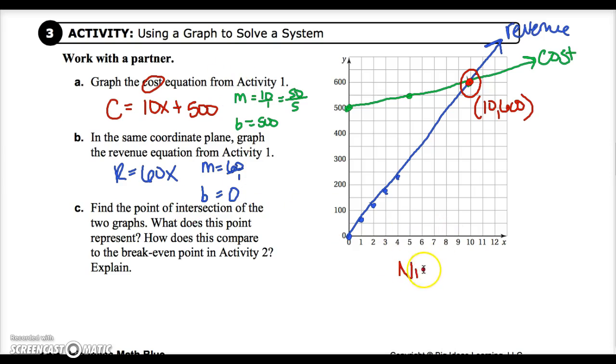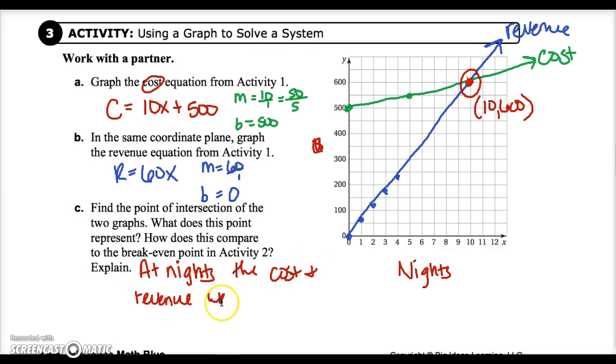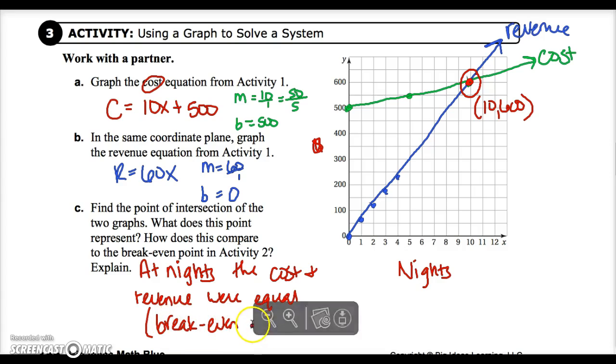Well, X represented the nights, and your dollar amount was the y-axis. So what does that mean? At 10 nights, the cost and the revenue were equal. And back before, that's what we called the break-even point.